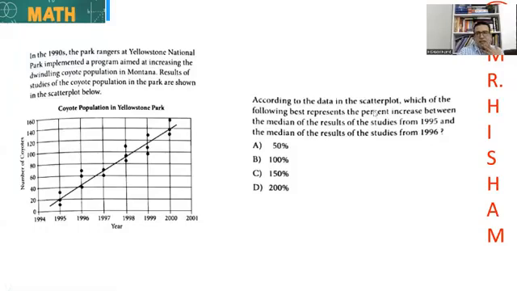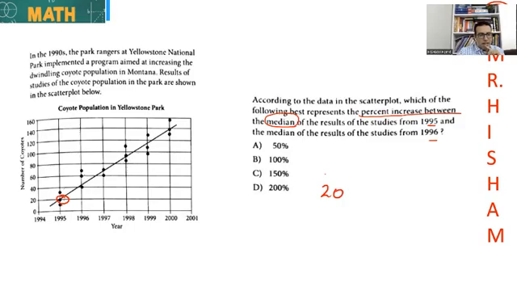According to the data in the scatter plot, which of the following best represents the percent increase between the median of the results of the studies in 1995 and 1996? Notice that he is asking for the median. In 1995, I have three values. The median is 20.